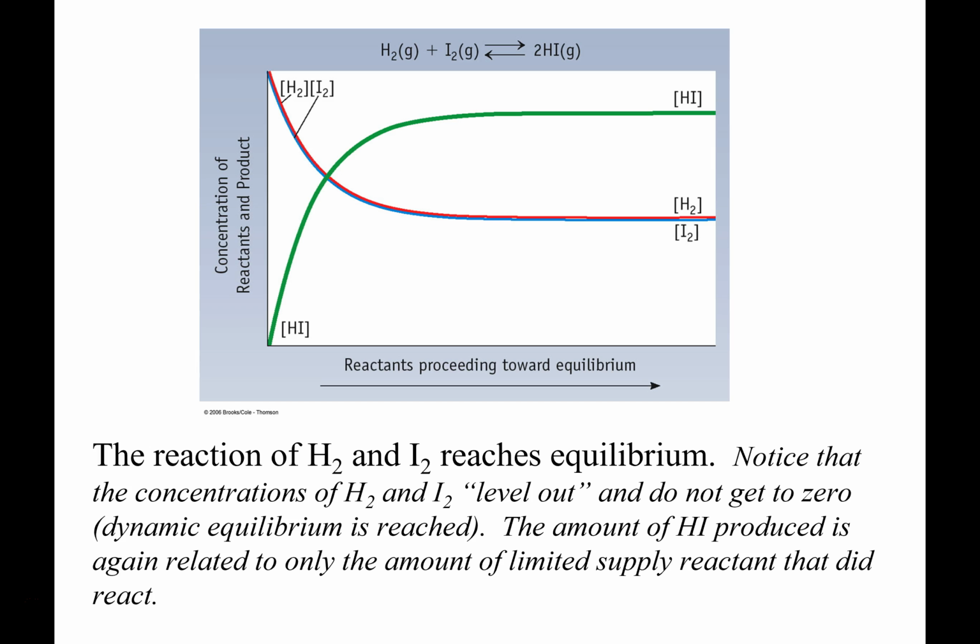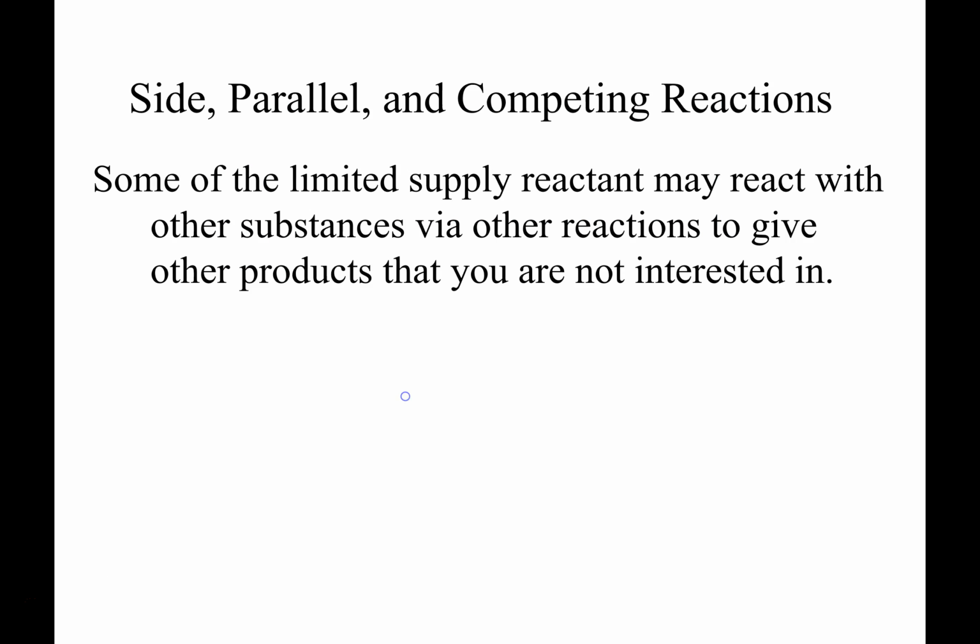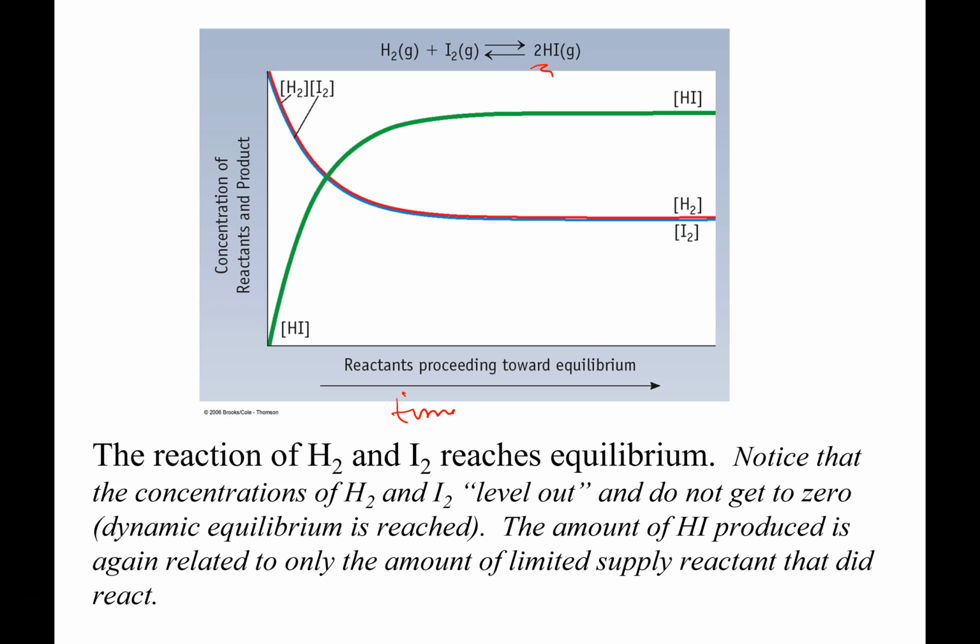This is an example between molecular hydrogen and molecular iodine forming hydrogen iodide. Think of time along the x-axis, and along the y-axis is concentration. We start out with H2 and I2 and none of the product.